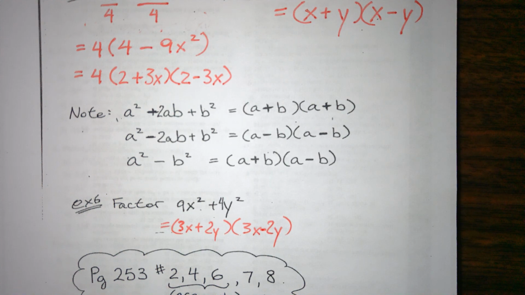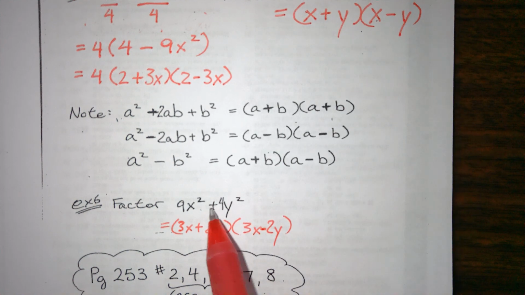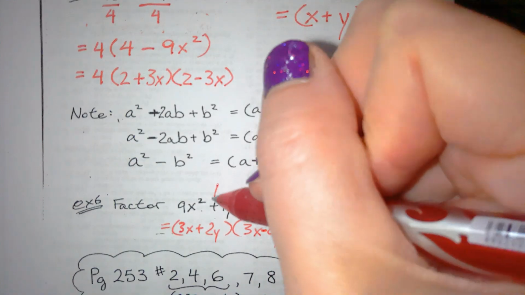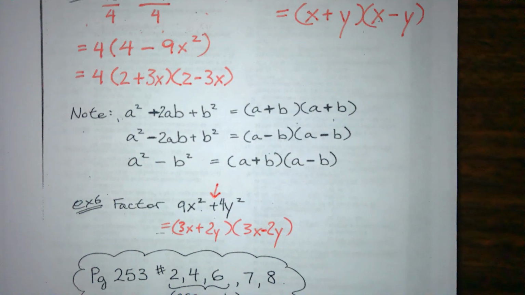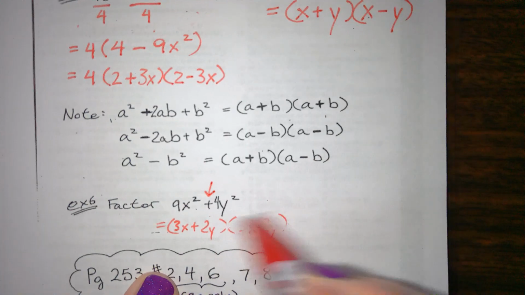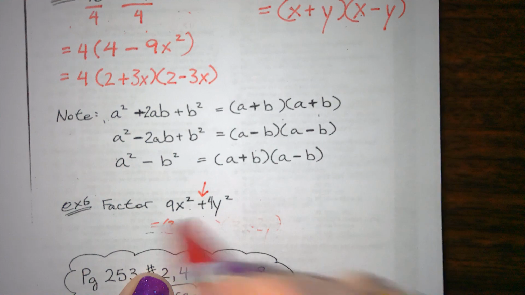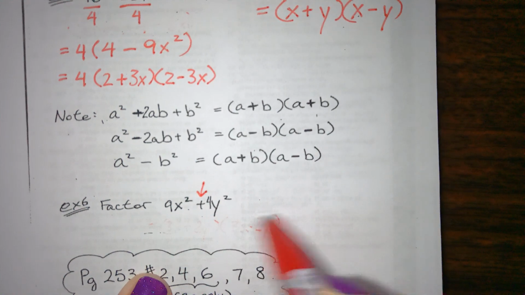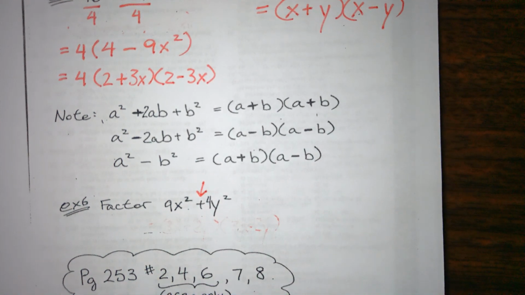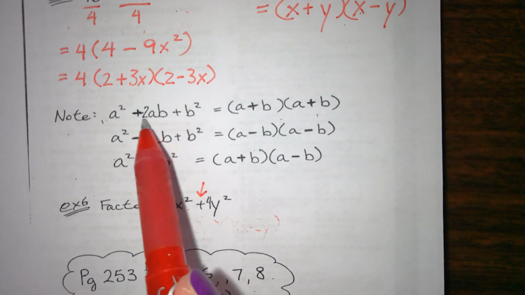All right, Andy, what's wrong with his answer? Because if you actually do it, you're gonna get a negative, and it's supposed to be a positive. Mm-hmm. Okay, so what would the answer be? Sydney? 3x plus 2y, 3x plus 2y. But if it's a plus, I'm gonna get a middle term.